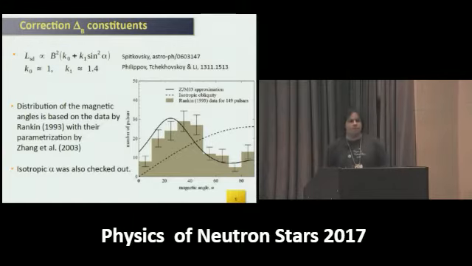But we have also checked the more conservative assumption of isotropic inclination angles, isotropic obliquities for radio pulsars, and as you will see a few minutes later, the particular choice of the distribution of magnetic angles affects the final distribution of delta B only weakly. And this is what we actually expect to see, because pulsar spin-down luminosity, as we think, depends weakly on the magnetic obliquity.